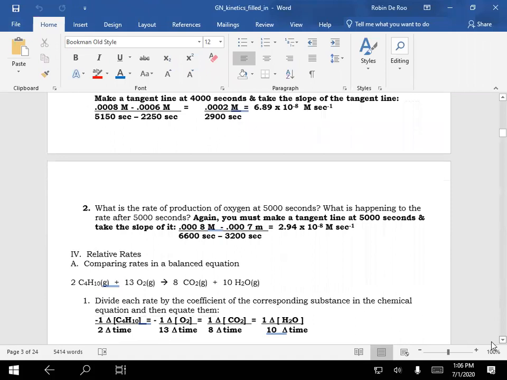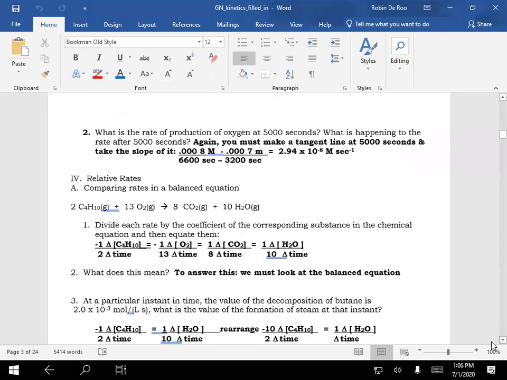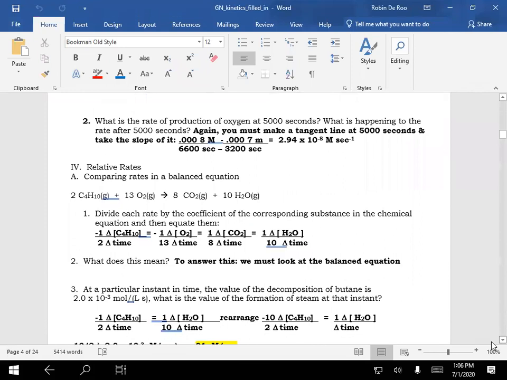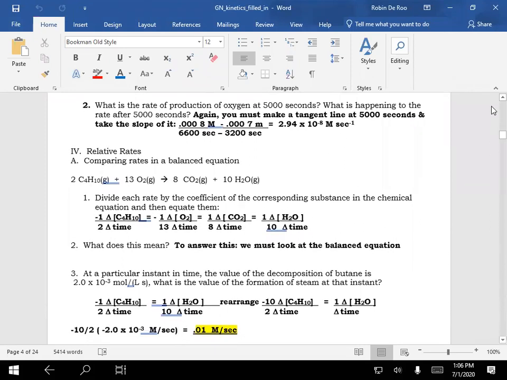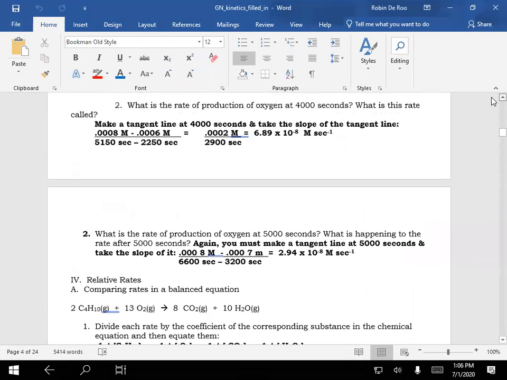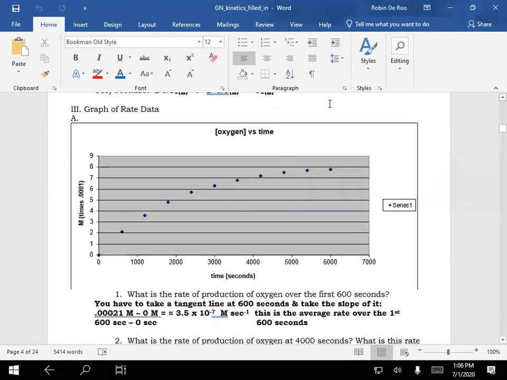So we would do the same thing at 5,000 seconds. We would go up at 5,000 seconds. Let me get my straight line. So at 5,000 seconds, we would go up until we hit the curve. Then we would draw a nice tangent line at the 5,000 seconds. That looks good.